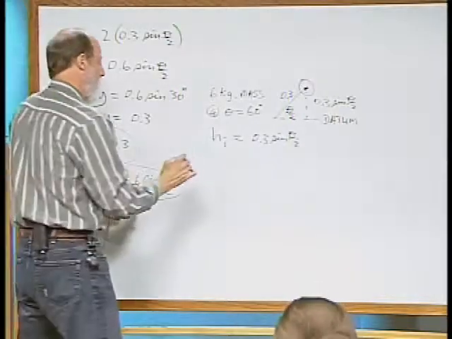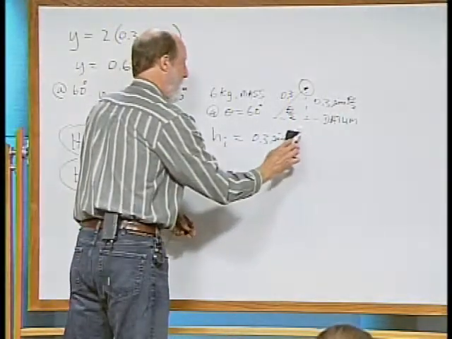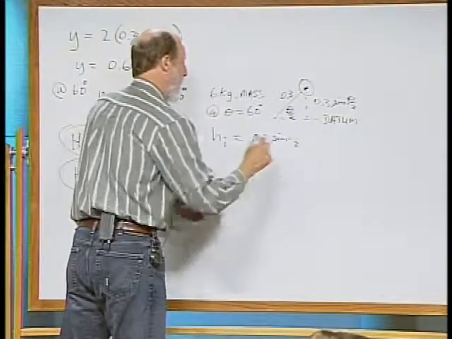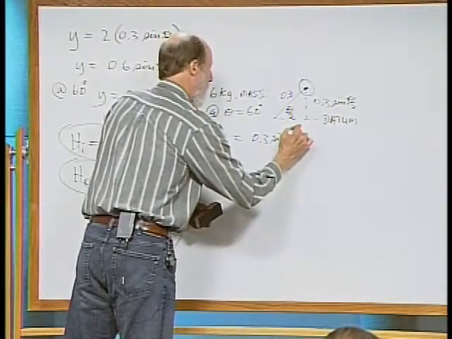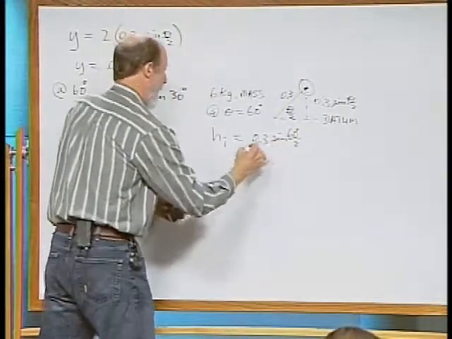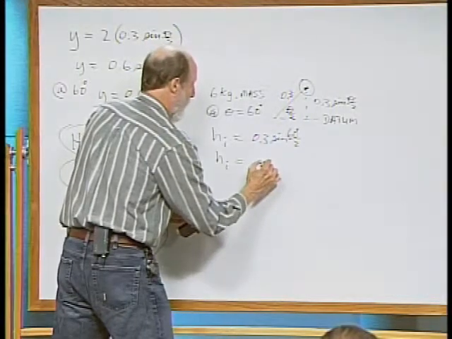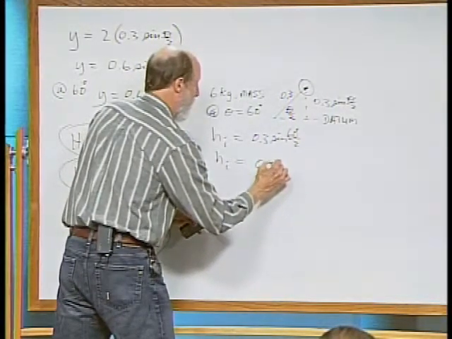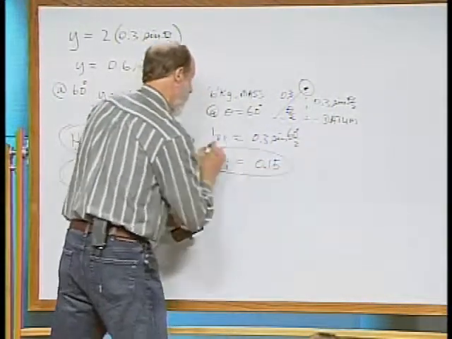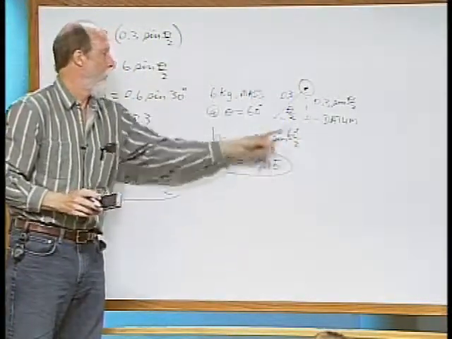Let me put the 60 degrees in there. So again, sine of 30 degrees, which is half, so this initial height above the datum is 0.15 for that 6 kilogram mass, 15% of a meter.